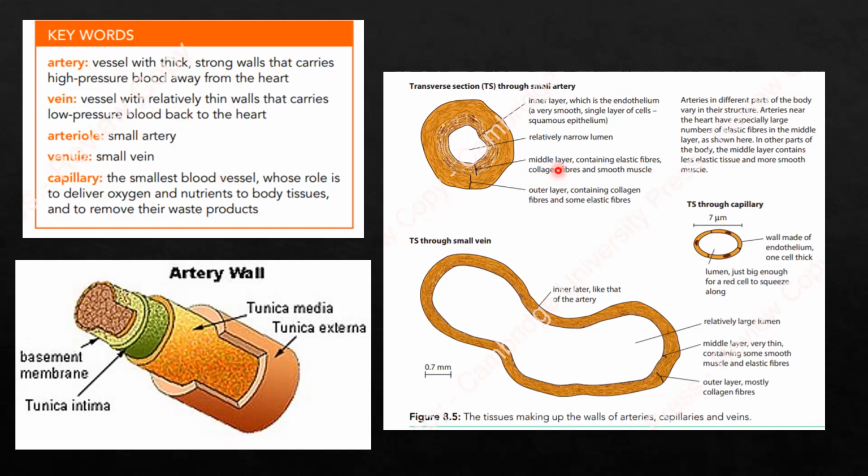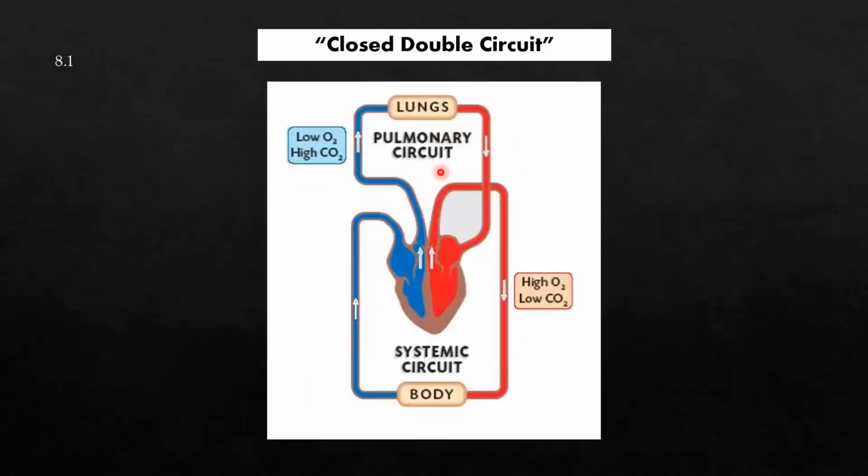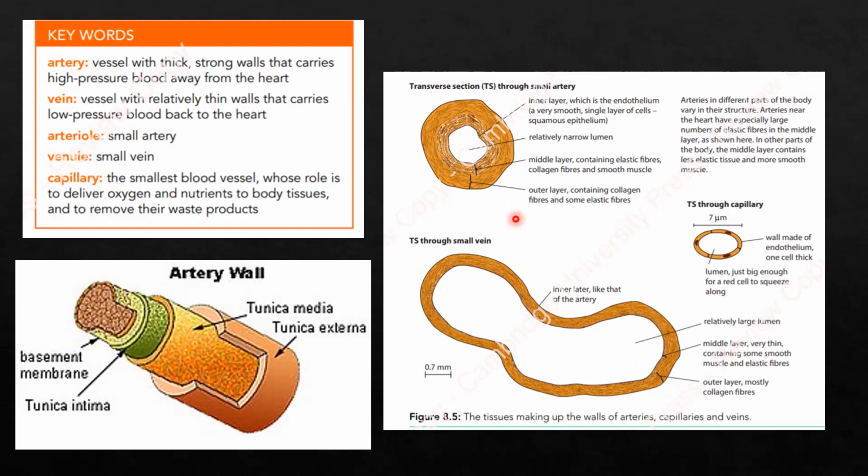Okay. Now you need to know the difference in them. It's very easy to tell the three of them apart. Arteries have a very thick wall and a circular lumen. The wall is thick because it is made up of a lot of elastic and smooth muscle fibers. It is a vessel going away from the heart, so it has high pressure blood, which means it needs to withstand that pressure without being torn apart.